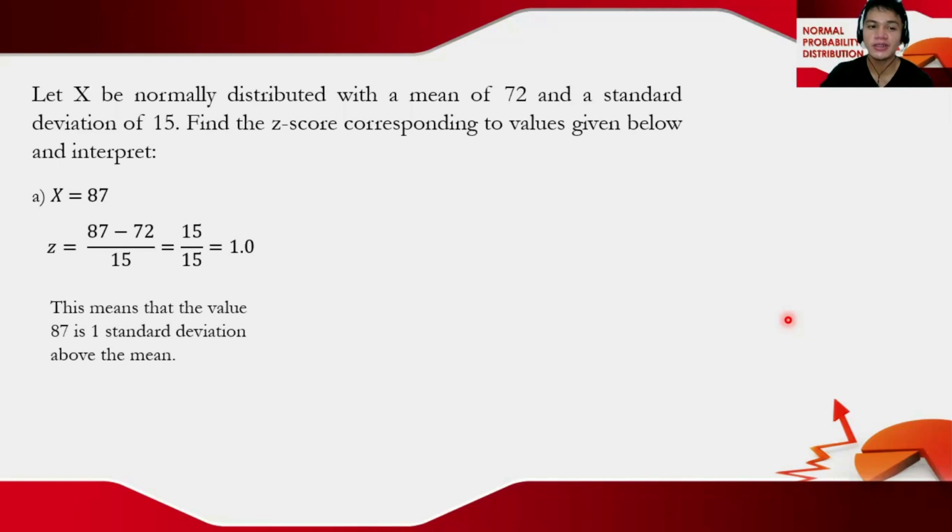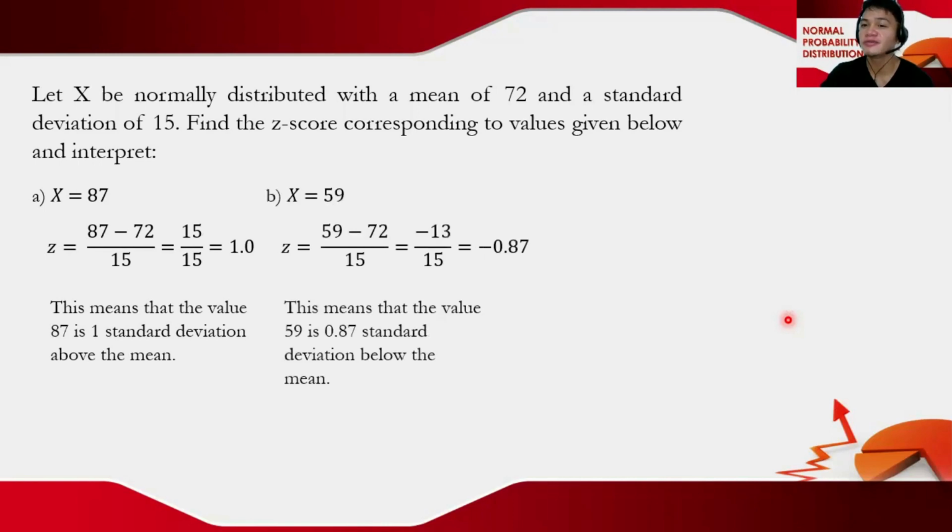This means the value 87 is 1 standard deviation above the mean. How about if it's 59? It will give us a z-score of negative 0.87. It means the value of 59 is 0.87 standard deviation below the mean.